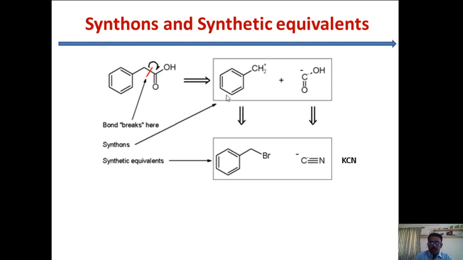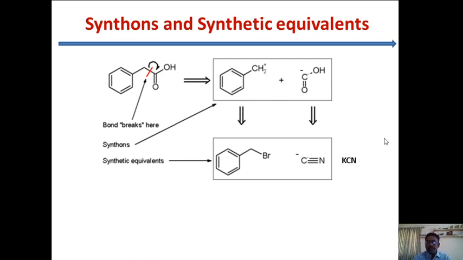After a bond breaking, we will get two ions, one anion and one cation, or you can say one nucleophile and one electrophile. These are called synthons, and we have to write down the equivalent reagent for those synthons. They are called synthetic equivalents. That's what we have seen in the last class.